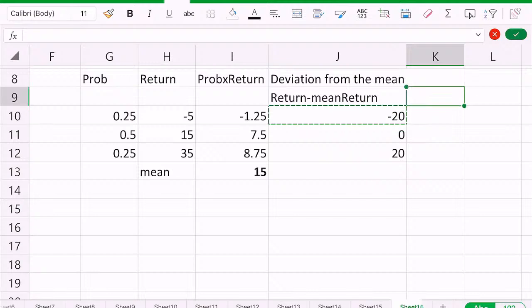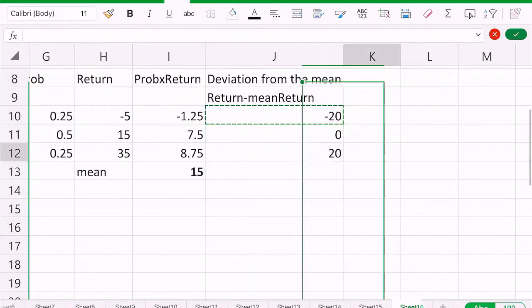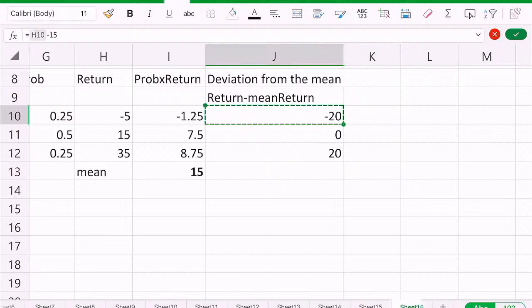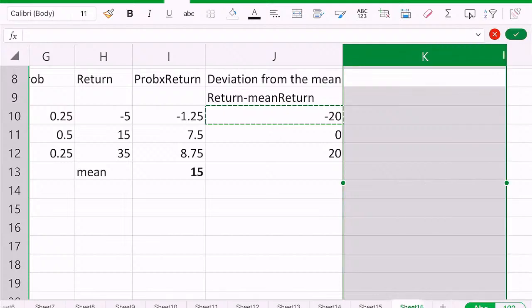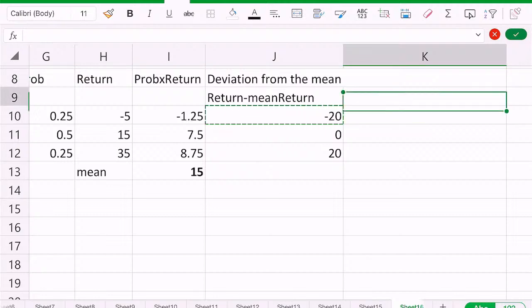So the deviation from the mean squared, then you square it all the way down and you sum, and what do you get? Oh no, that's not what we do. We have to multiply it by probability.